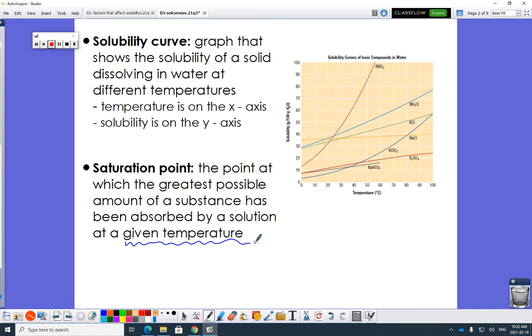Usually you think of linear graphs, and some of them are lines, but some of them are not. They increase much more rapidly as temperature increases. But again, temperature will always be on the x and solubility is always on the y. So when you do the investigation, I've made the scale for you, but you want to put temperature on the x and solubility on the y.